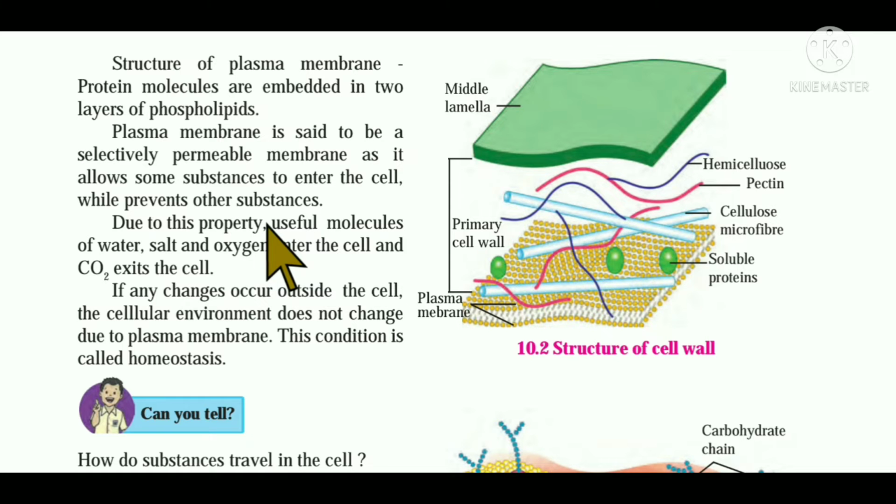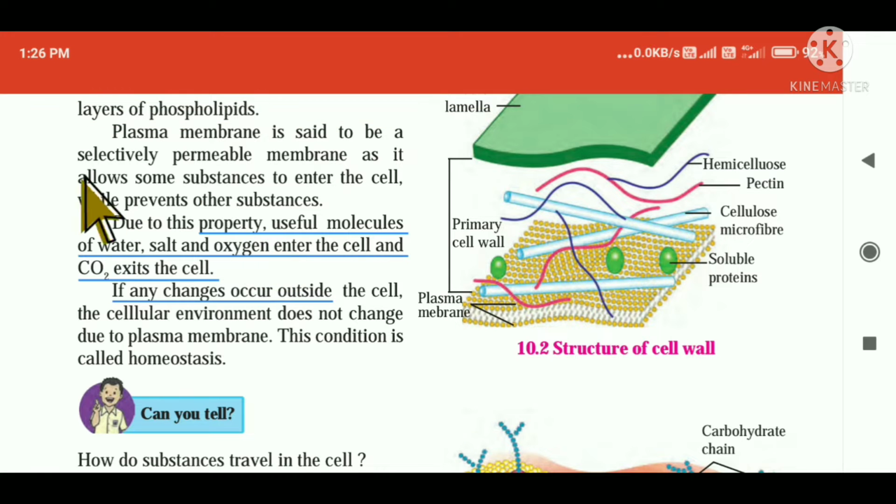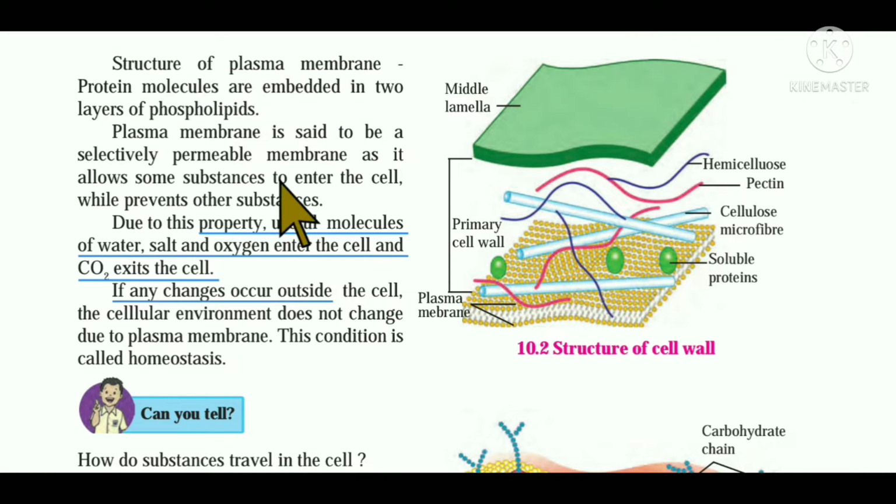Trilaminar structure means the outer two layers are made up of lipid and the middle one is made up of a proteinous layer. The plasma membrane is said to be a selectively permeable membrane, as it allows some substances to enter the cell while preventing other substances.